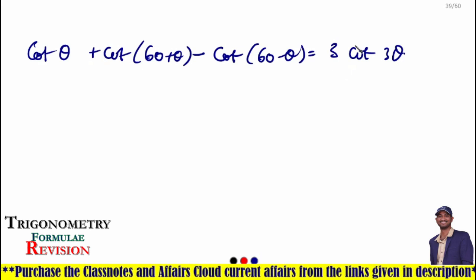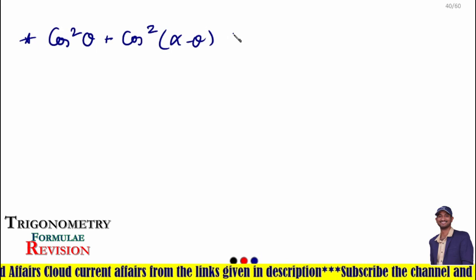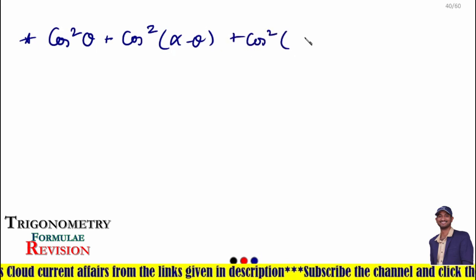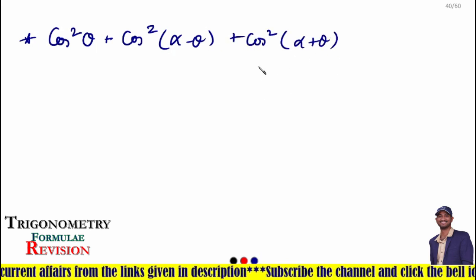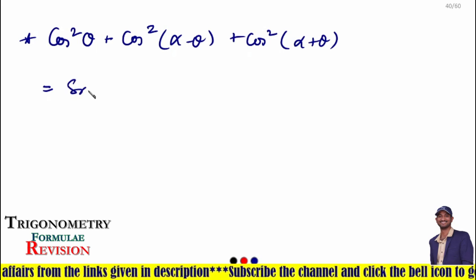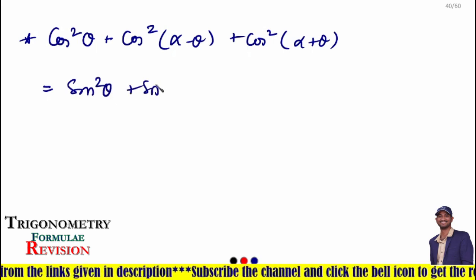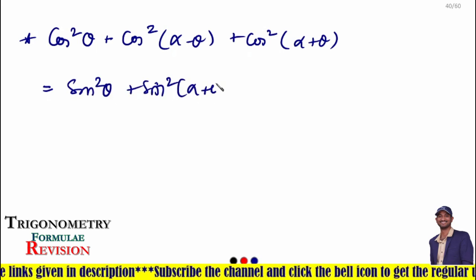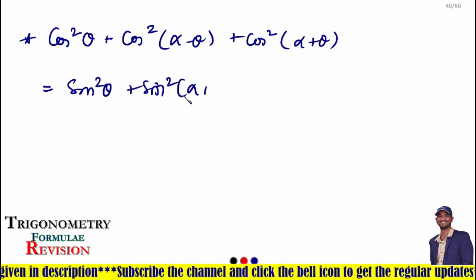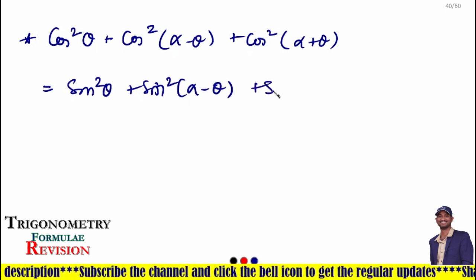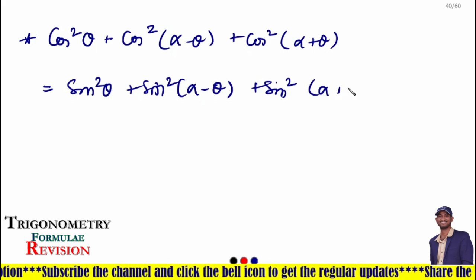Okay. Next important formula, that is cos square theta plus cos square alpha minus theta plus cos square alpha plus theta is equal to the same as sin square theta plus sin square alpha minus theta plus sin square alpha plus theta.